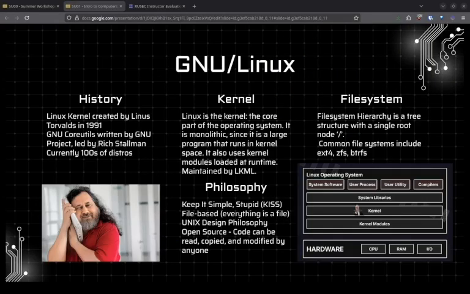As we all know, Linux was created by this random guy called Linus Torvalds. He initially created it in 1991 as a small hobby project. The story of Linux is well known. You can read about it online, so I'm not going to go too much into that.